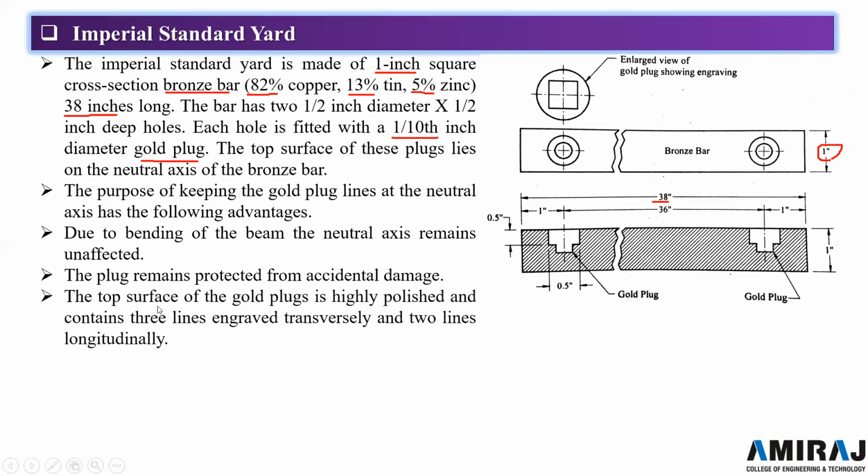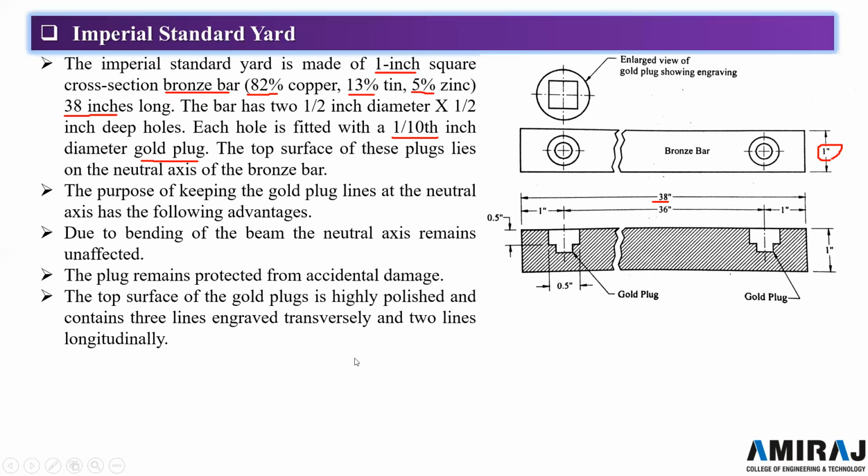Another advantage is that the top surface of the gold plug is highly polished and contains three lines engraved transversely and two longitudinally. Here is the enlarged view of the gold plug showing the engraving.